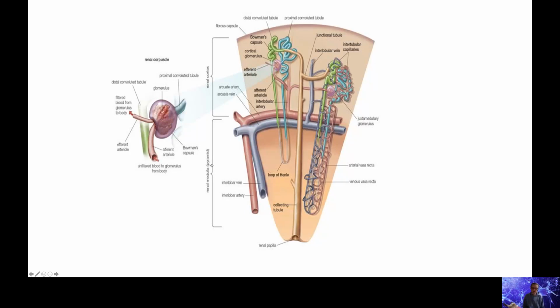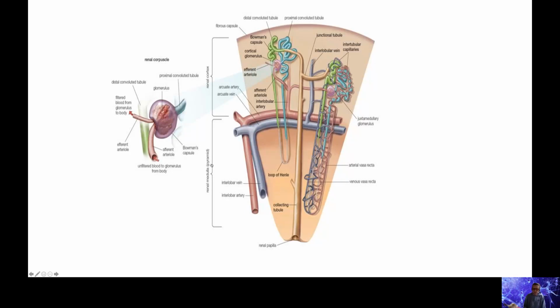They have a relatively short loop of Henle. The nephrons on the right are the juxtamedullary nephrons, and those have nephron loops that dip into the medulla and play a significant role in the concentration of water and ions that remain in the kidney.